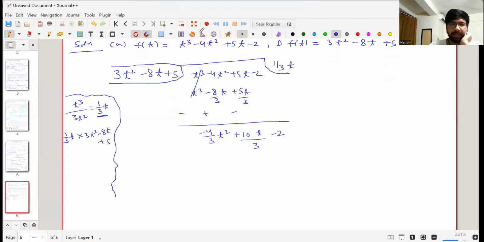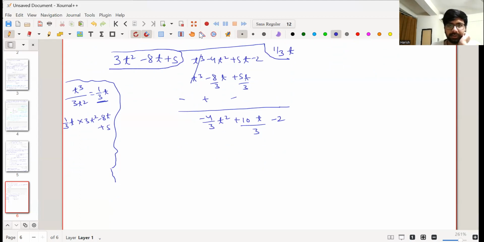Again, do the same thing. Maybe I can just circle this leading coefficient, and we divide leading coefficient by leading coefficient. What it will give you is minus 4 by 3 t square divided by 3t square.